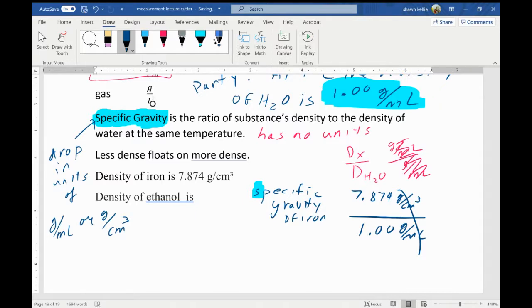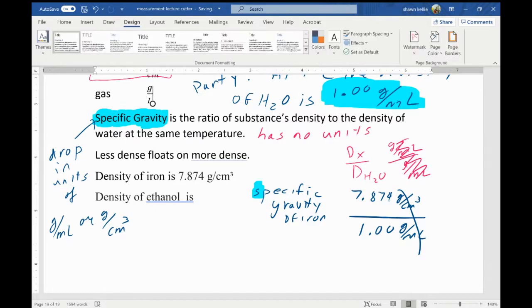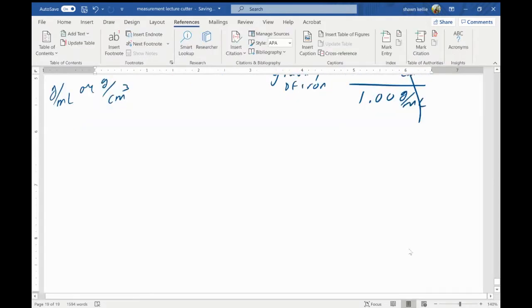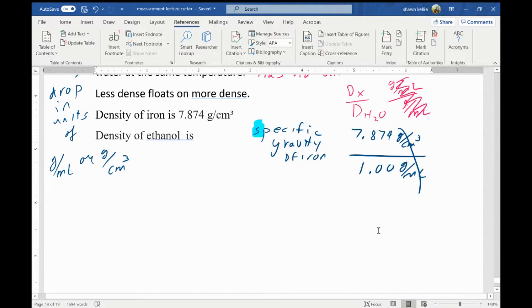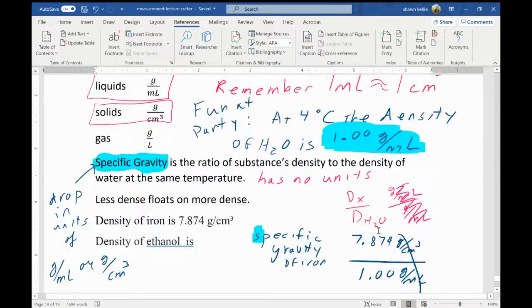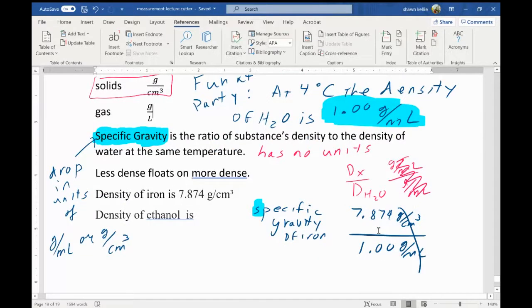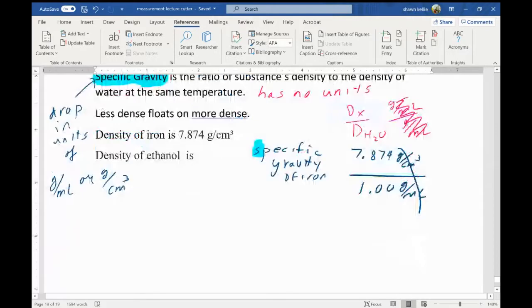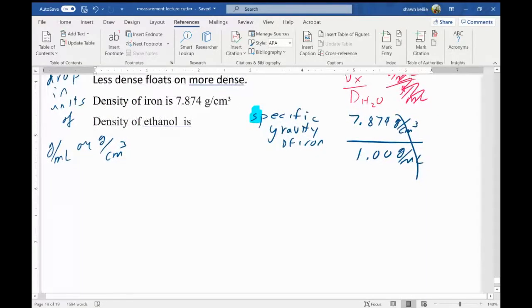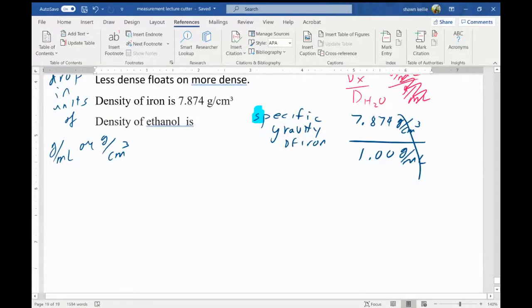So you'll be reading a homework problem, you'll come along and they'll give you one, and it won't have the units there for you. Let's see. One other thing about density is less dense floats on more dense. And I could have sworn I had an example problem here real quickly.